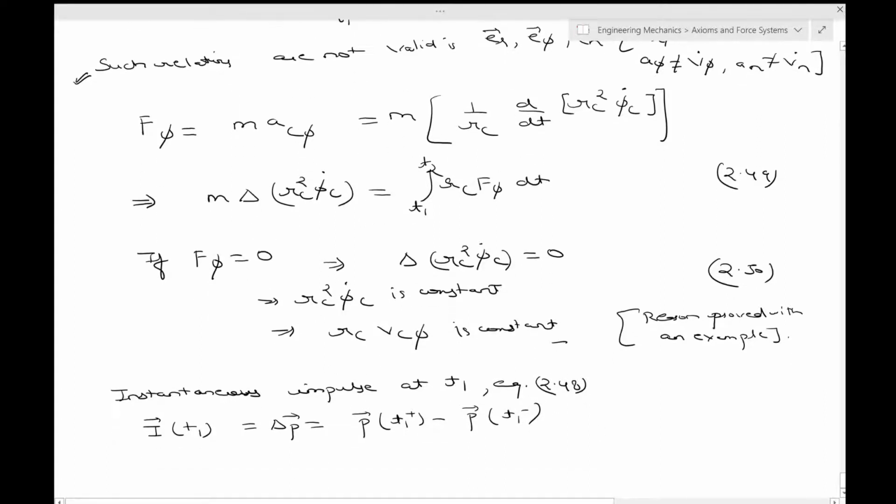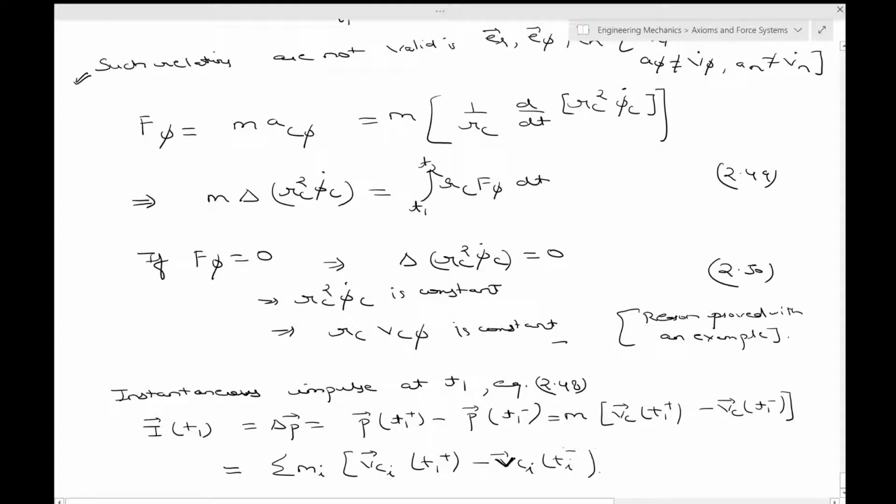Now this quantity will be M into VC T1 plus minus VC of T1 minus. Okay, this is equal to the sum of Mi Vci T1 plus minus Vci T1 minus, just like in the previous cases. So this is 2.51.